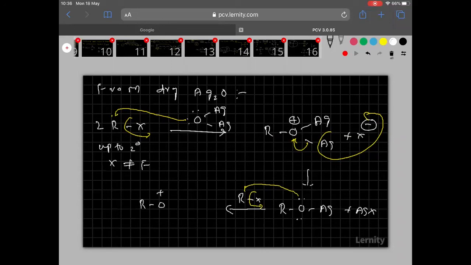Then here R, and X minus departed out. So now what happened again? Ag again will take the X minus and forms AgX. Now this sigma bond will shift towards oxygen. So finally, what is the thing that is formed here? R, O, R, that is ether. Hope you are able to understand this one, ether.